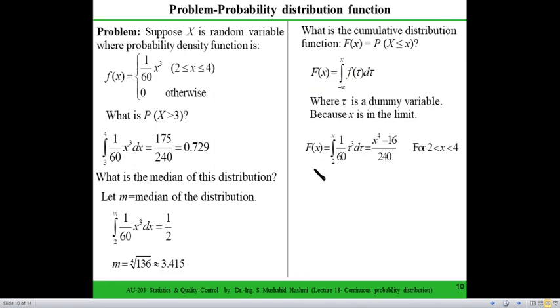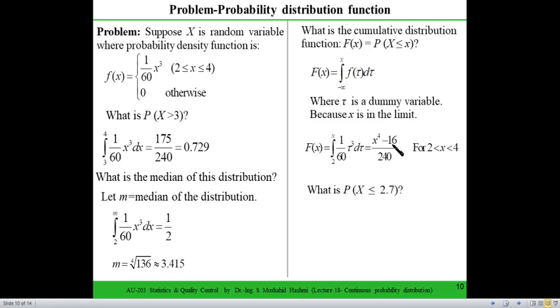Let's say, for example, for this particular case, if you have to calculate the cumulative distribution function, I integrated from the lowest value 2 to some value of x. And x can take value from 2 to 4, as I know, then this function would be representing its cumulative.